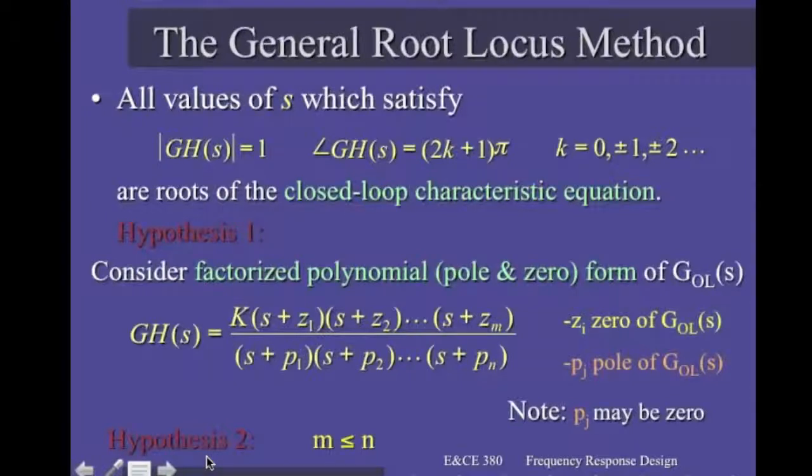The second hypothesis is considering cases for which the number of zeros is lower or at maximum equal to the number of poles. This corresponds to the fact that for engineering systems, it never occurs that the number of zeros exceeds the number of poles.